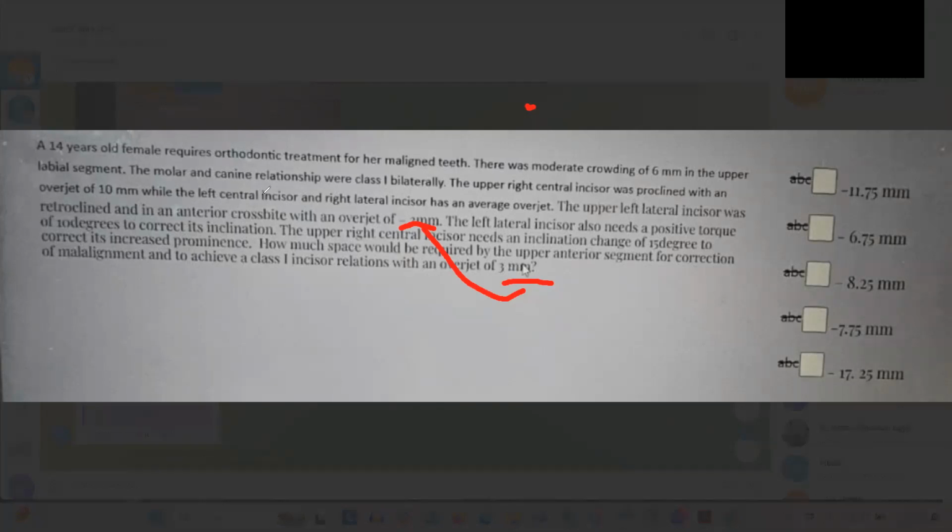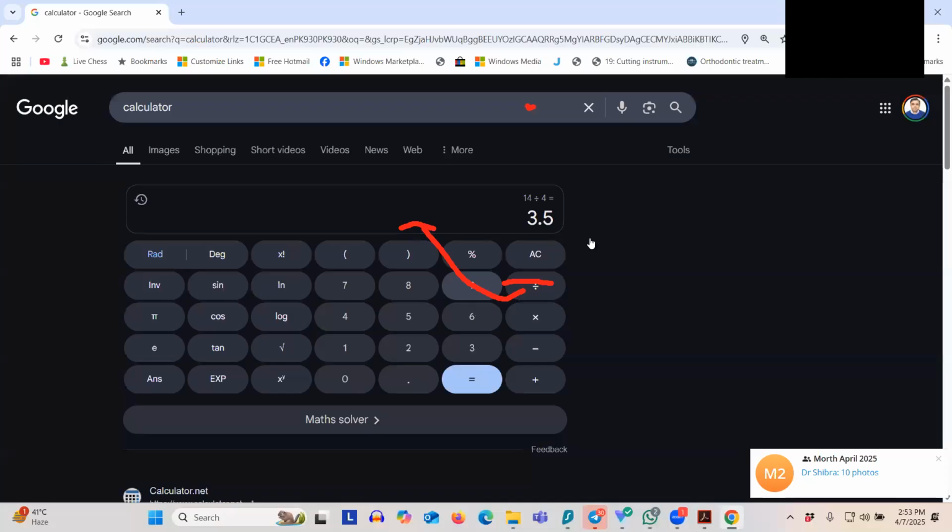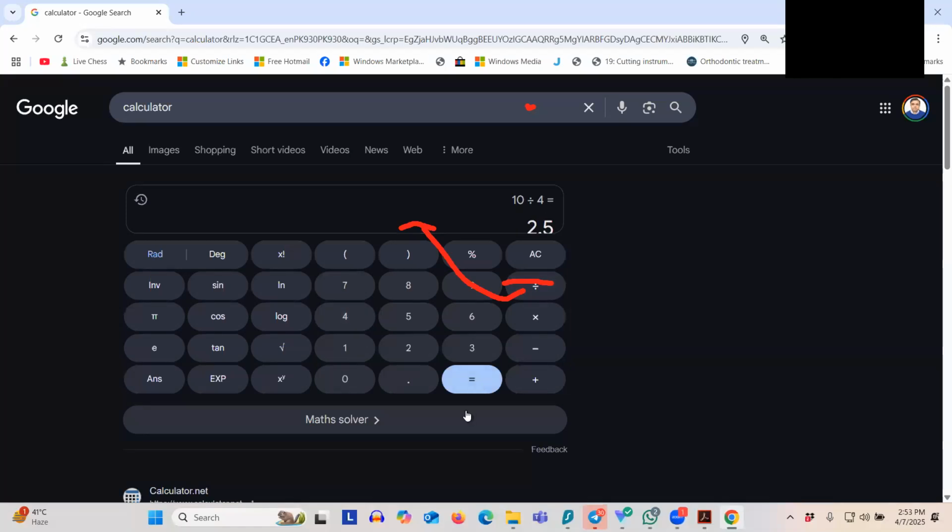Or you can go the other way around. It's up to you the way you take it. 5 millimeter needs 10 millimeter space, divided by 4 because there are 4 incisors. 2.5 for one tooth, right?